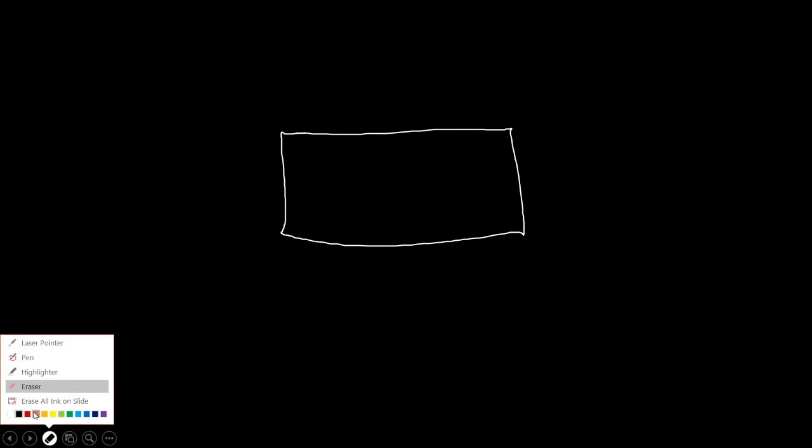So this is the body. It can be at rest or in motion, and a force is acting on it. Sorry, wait a second. I will just erase this. Now, its line of action is this.